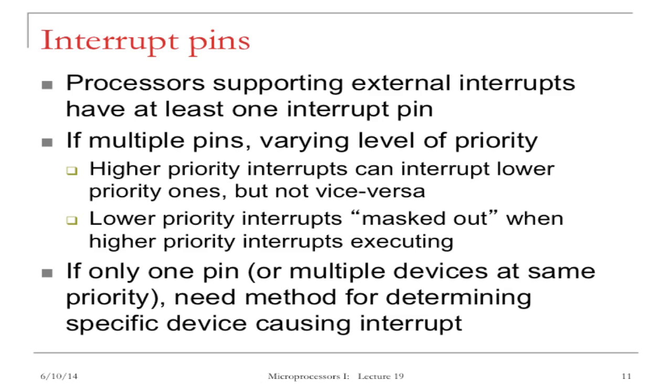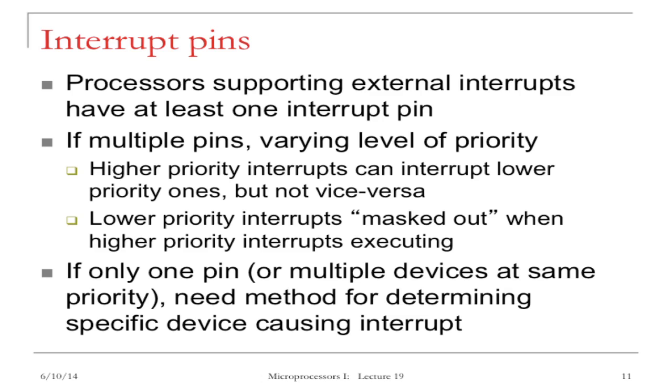Physically, there are pins for the microprocessor to sense these external interrupts. Processors supporting external interrupts have at least one interrupt pin, which can be used to wire with other devices or controllers. A processor can have multiple pins for interrupt purposes, and they often have different levels of priority.